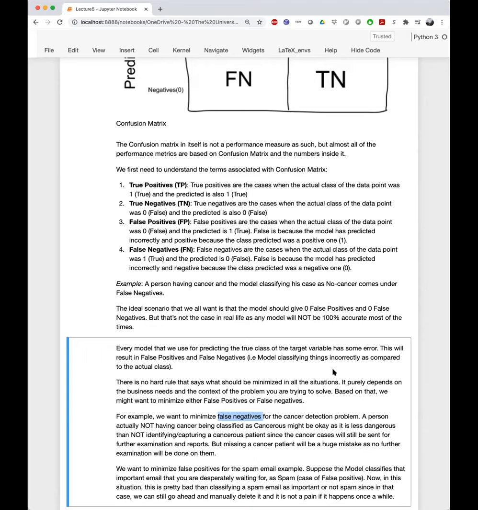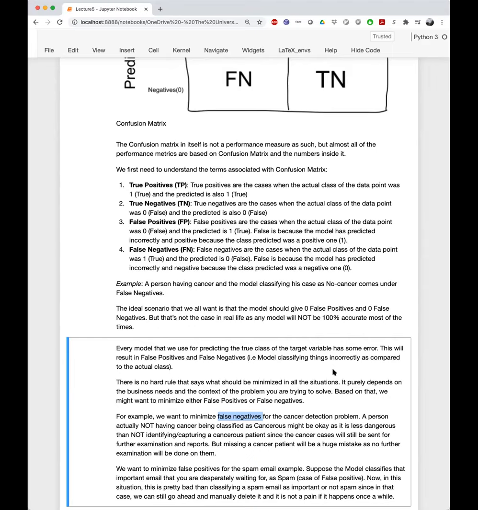Because if he's diagnosed as no cancer, there will be no further tests or treatments, and the patient will think he's healthy, or that it's just some regular disease, and miss the opportunity to cure the cancer. So in general, we want to minimize false negatives in this case.